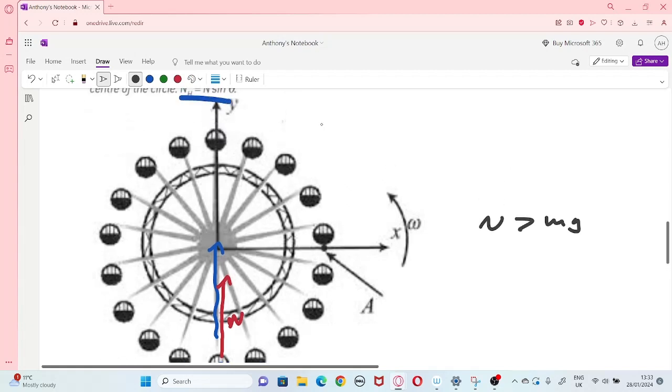Whereas at the top of the Ferris wheel, we have weight already going towards the center, so the reaction force will be very little. At the top, our weight would be greater than our normal reaction force.